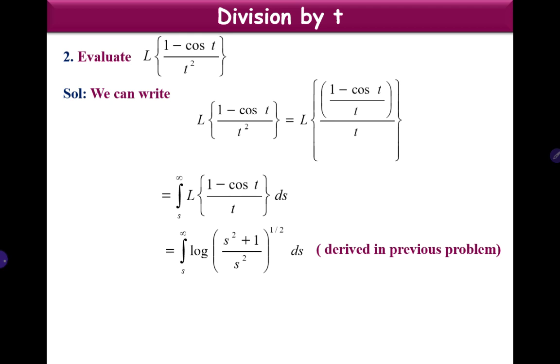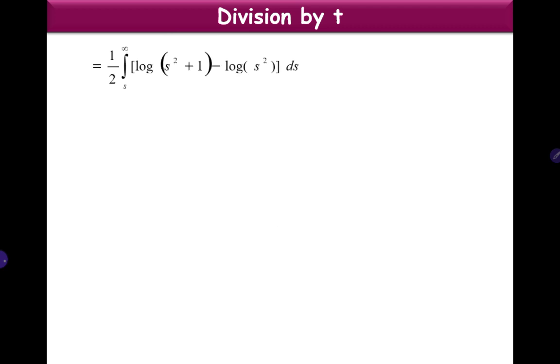So this power 1 by 2 can be written like this: 1 by 2 times integral s to infinity log of (s square plus 1) by s square ds. Again, log of a by b can be written as log a minus log b. Therefore, this is 1 by 2 times integral s to infinity of log of (s square plus 1) minus log of s square ds.